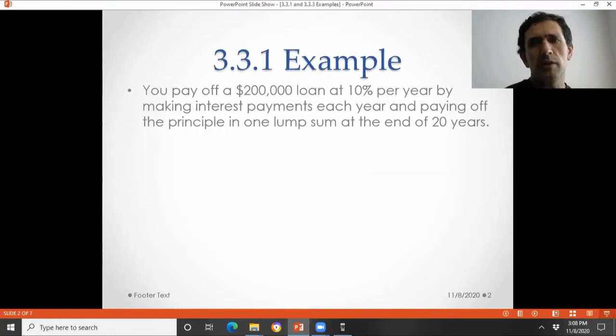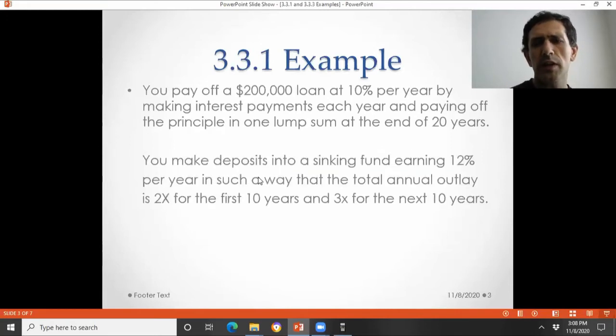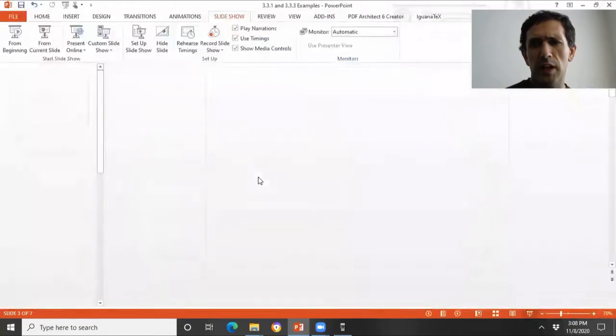So the setup here is basically the sinking fund setup. The difference here is you're not going to make necessarily level payments into the sinking fund. You're going to make payments into the sinking fund in such a way that the total outlay for the first 10 years is 2x and 3x for the next 10 years.